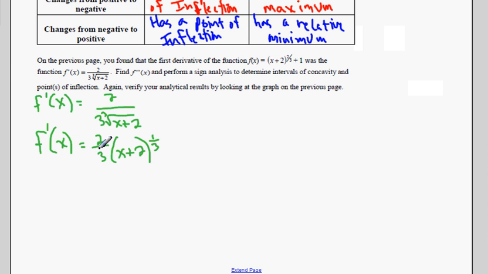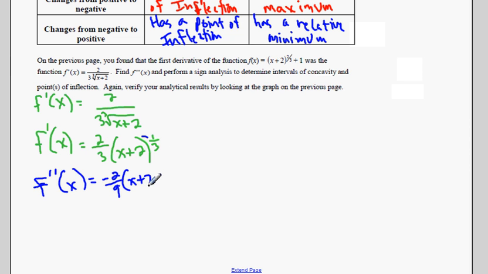Okay, the first thing is to rewrite this as a power. The second derivative is equal to 1/3 times 2/3, and I forgot, that's going to be negative 1/3. So negative 1/3 times 2/3 is negative 2/9.